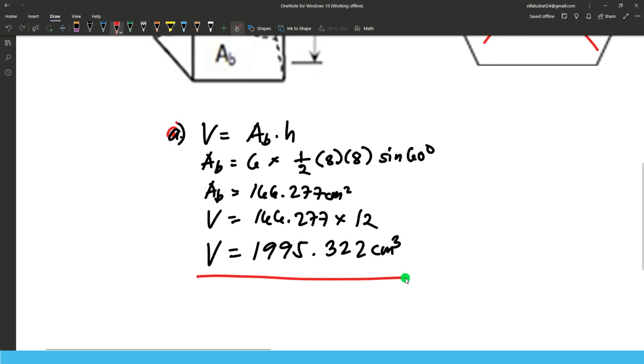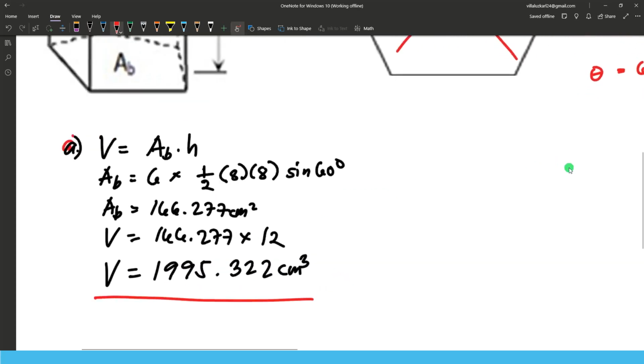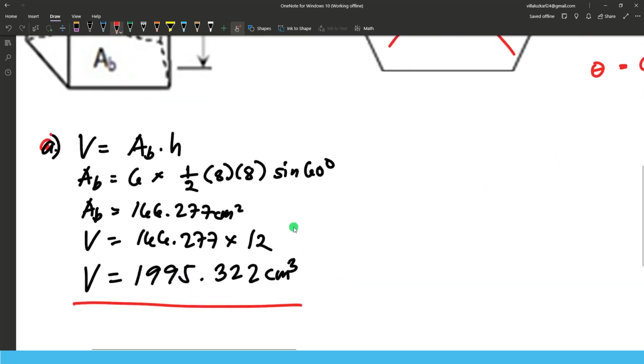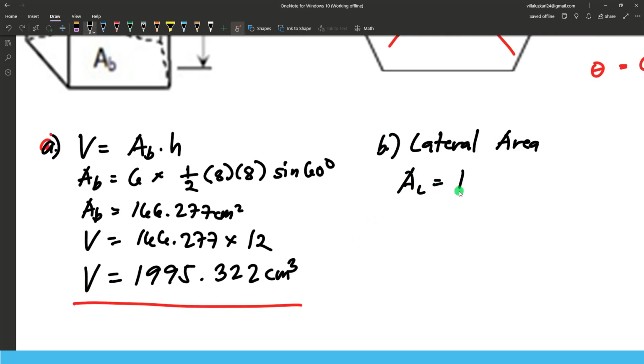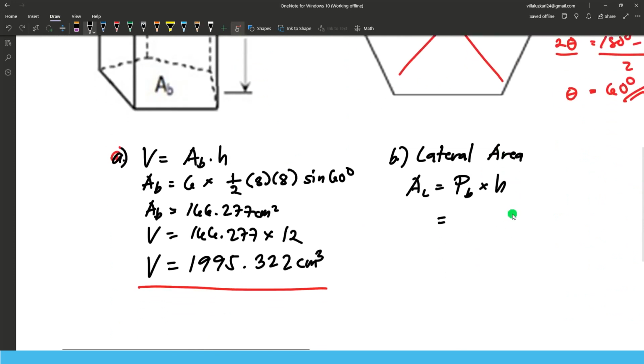Okay, next, find the lateral area. For letter B, the lateral area is equal to the perimeter of the base times h. So the perimeter, if we have one side equal to 8 centimeters, just multiply that by the 6 sides.